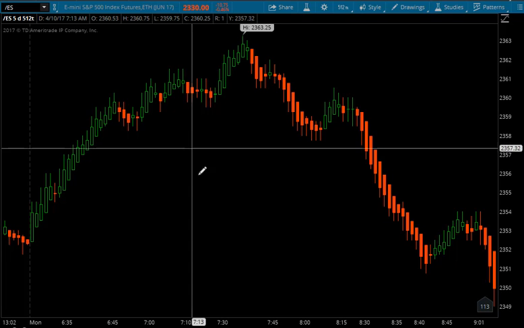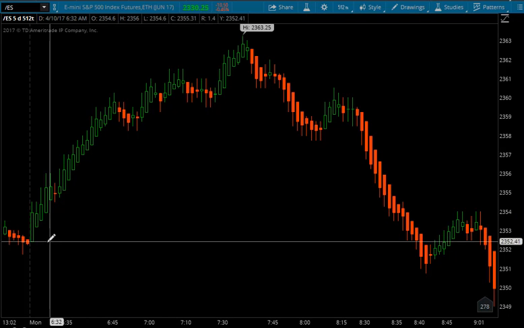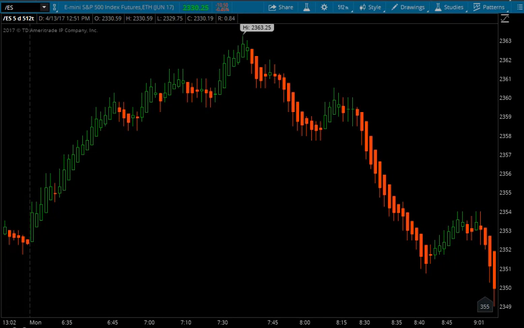So this approach works very well on daily charts with swing trading. Intraday, if you're getting long at, say, lows of the day, or you're shorting at highs of the day, this can be a much more conservative trail stop method that allows you to stay in the trade for much longer. Trailing each candle would be the more aggressive approach. And so, like I said, you can use a combination of all three.